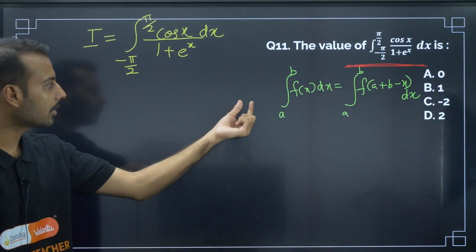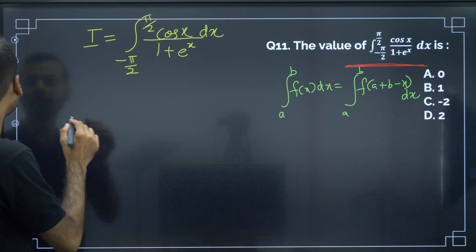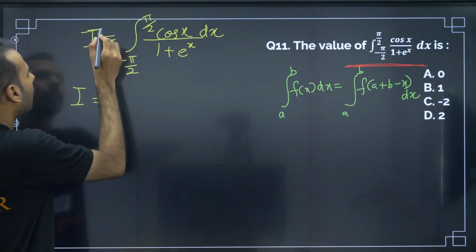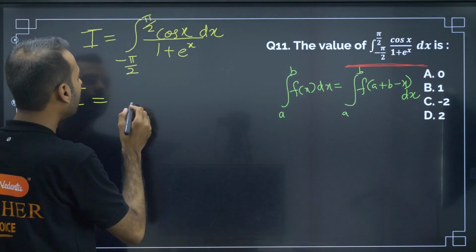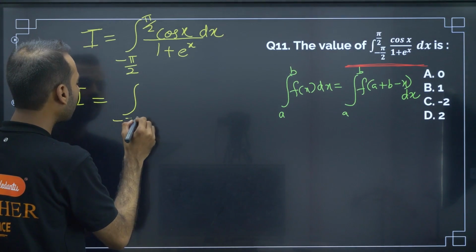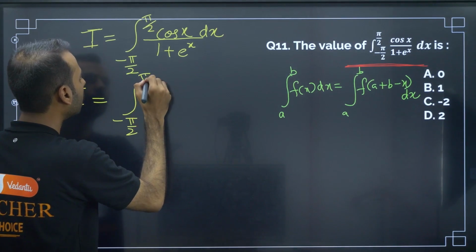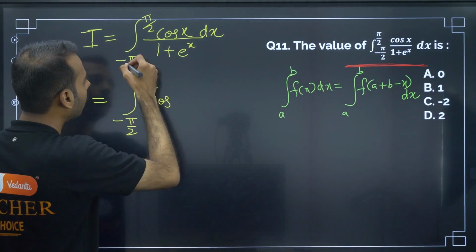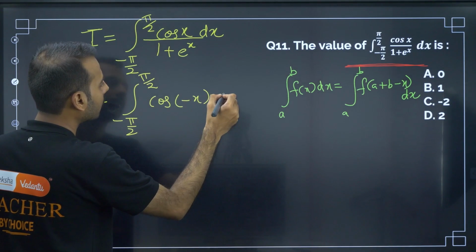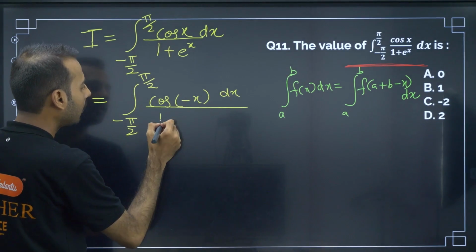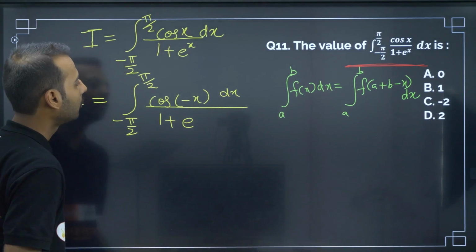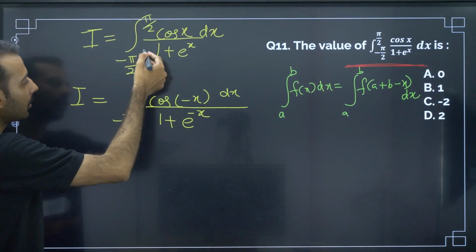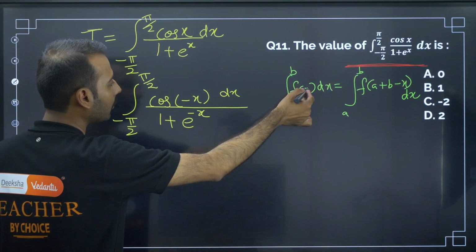So using this property, I will write I is equal to the integral from a to b, that is from minus pi by 2 to pi by 2, of cos of a plus b minus x dx by 1 plus e raised to minus x. This same integration only I am writing here using this property.